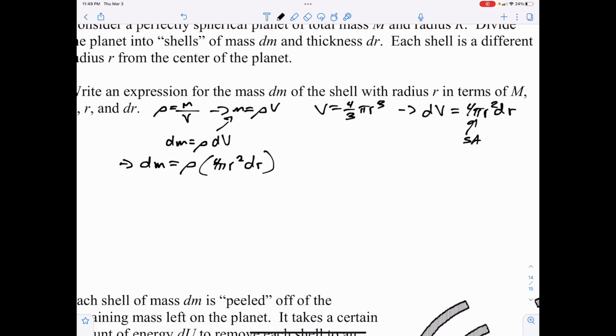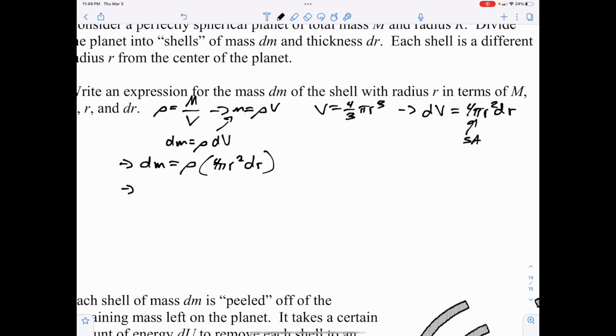Okay, now I can rewrite this a little bit and also note that rho of the planet is mass per unit volume.